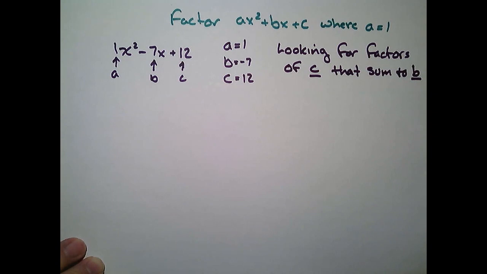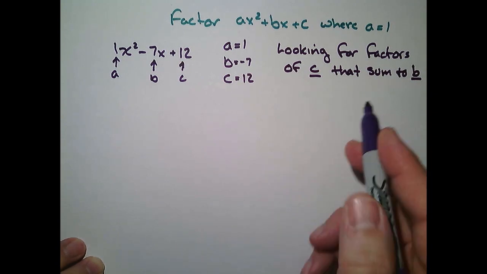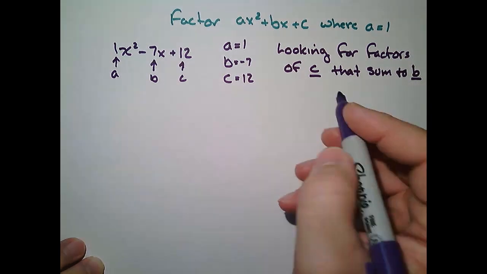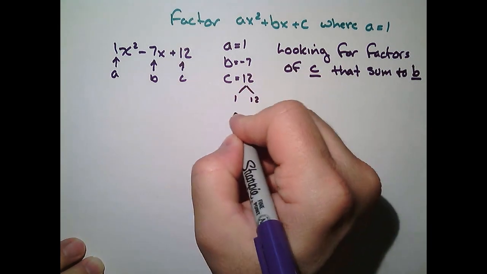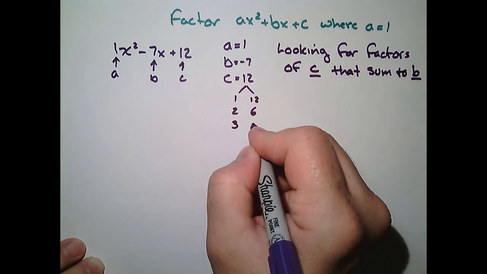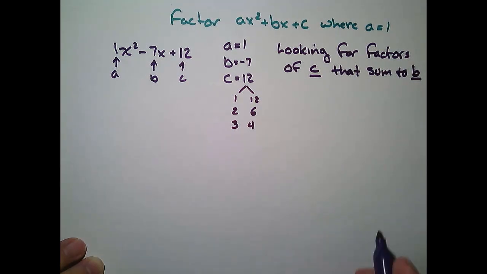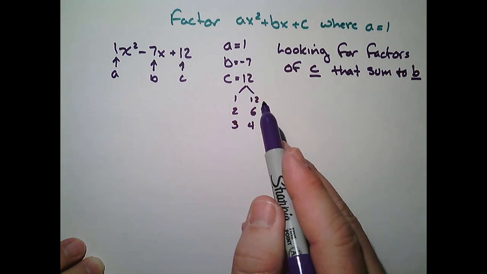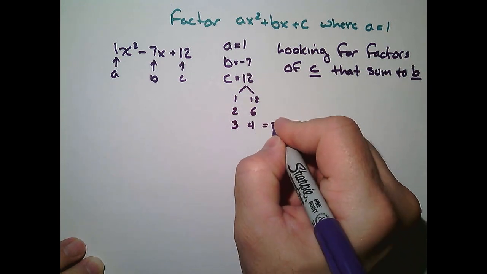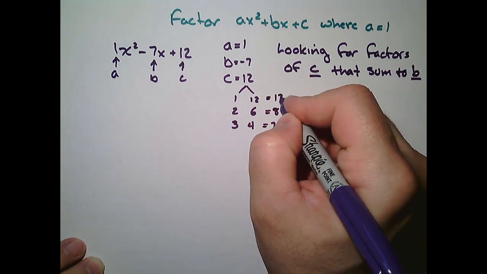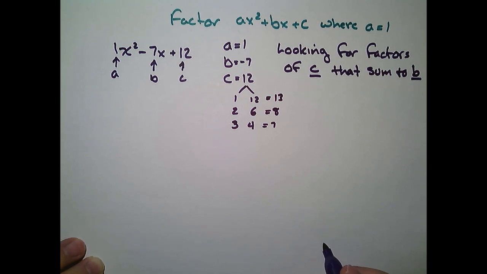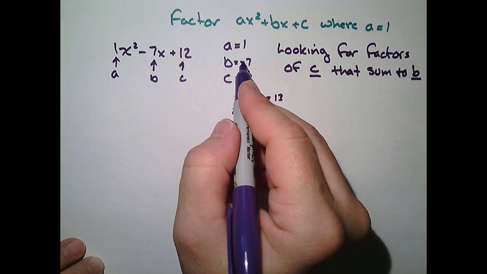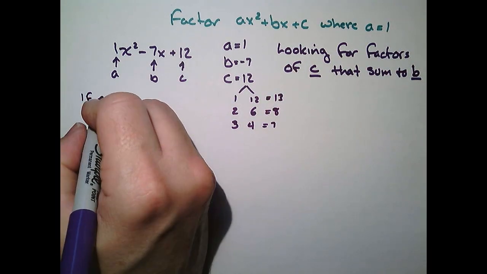So let's find our factors of c first. So we have 1 and 12, 2 and 6, 3 and 4. Well, Houston, we got a problem because none of those factors add up to negative 7. We've got 7, we've got 8, and we've got 13. So what we have to look at is the fact that b is a negative 7 and c is a positive 12.